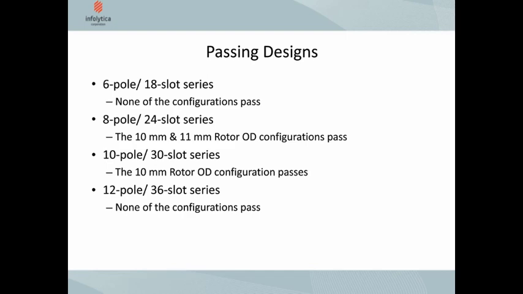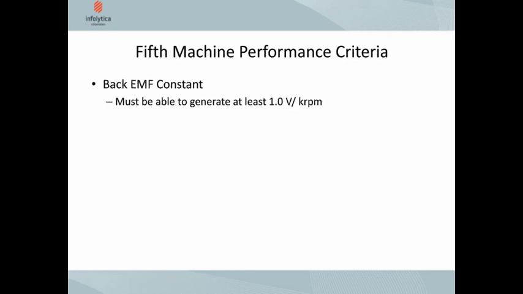We have an additional tier of our criteria that we're going to assess, and that is the back EMF constant. Each of the machines that we're going to use as a possible candidate has got to deliver at least 1 volt per 1,000 RPM. To assess this performance, we're going to utilize another experiment, the MotorSolve back EMF experiment.